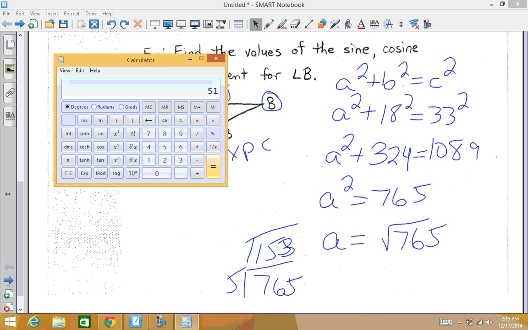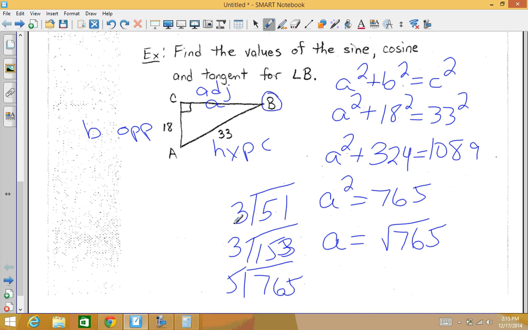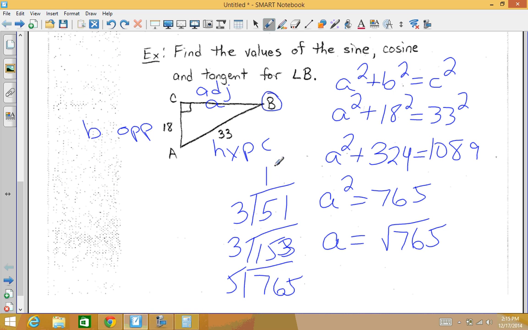Divided by 3 is 51. And 51 is divisible by 3 again. If my memory's correct, that should be 17, but let's check. That is 17. Okay, so we can break this down.